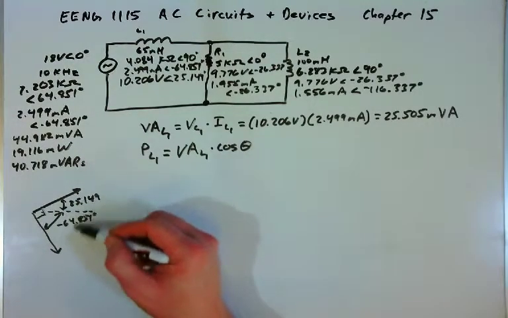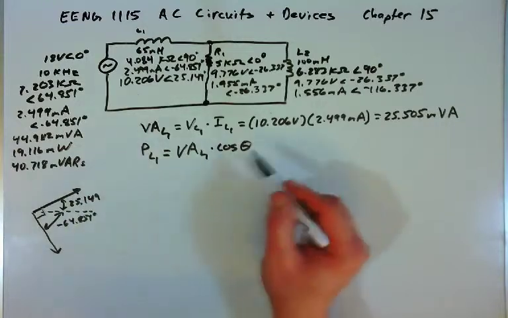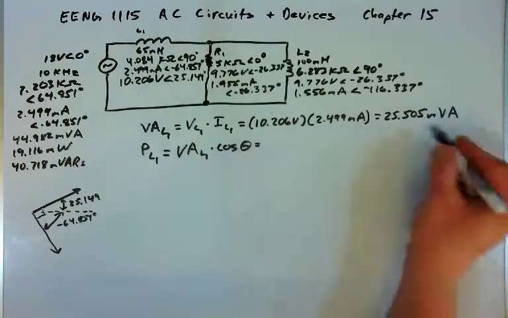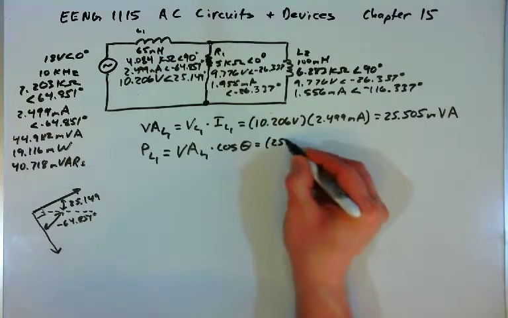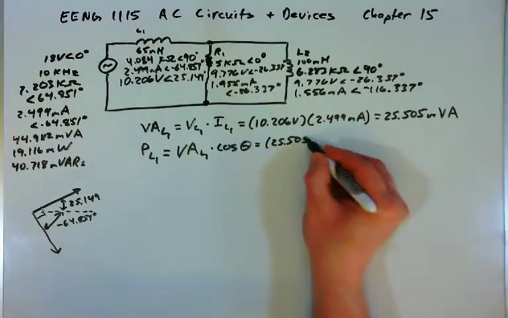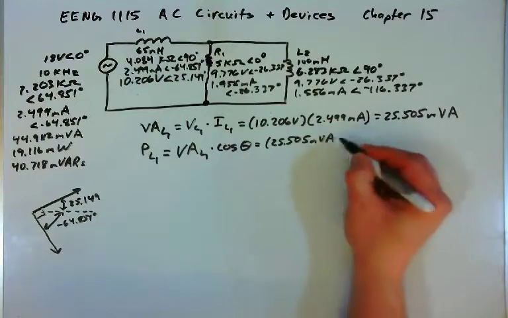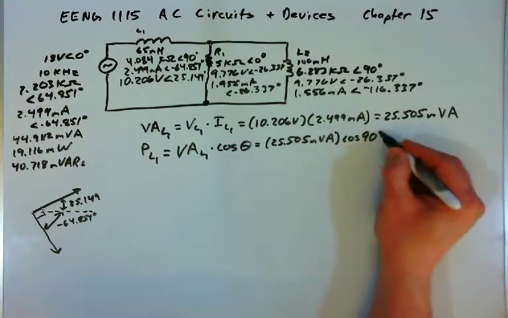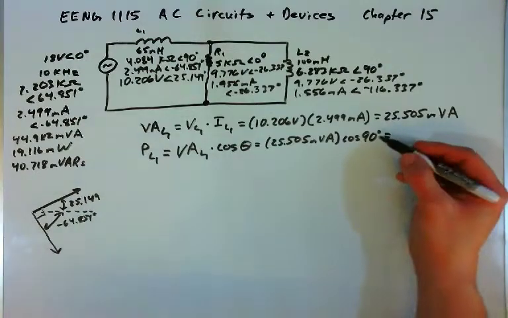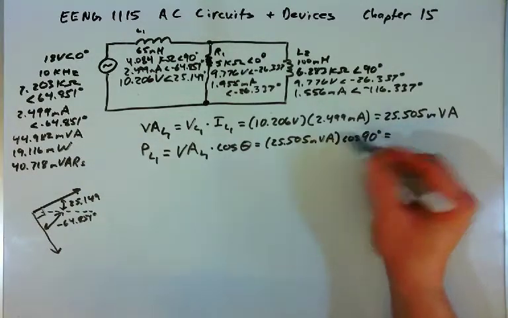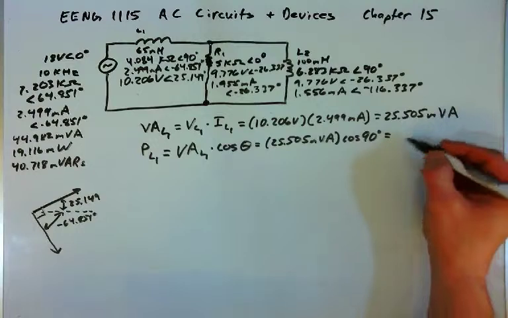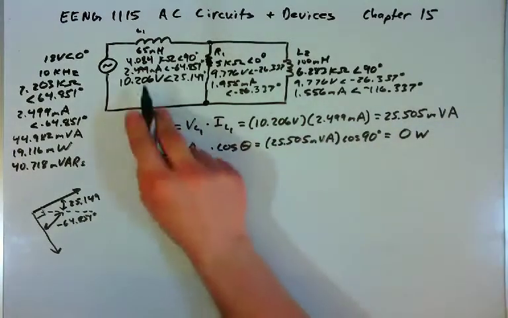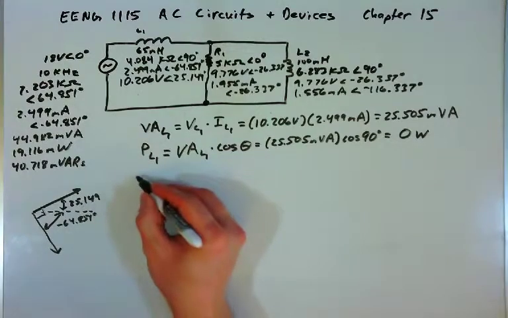If you add these absolute values together, you will get 90 degrees. So our theta in this example is 90 degrees. And so our volt amps, we already know, is 25.505 millivolt amps. We'll be multiplying by the cosine of 90 degrees. The cosine of 90 degrees is 0, and so 0 times 25.505 millivolt amps is 0 watts. The inductor uses no power.